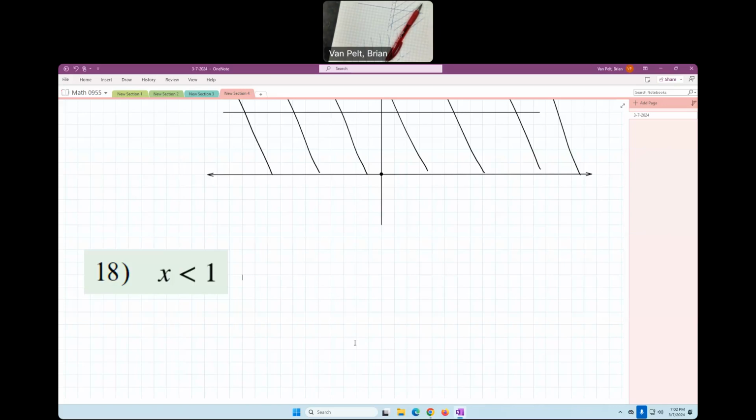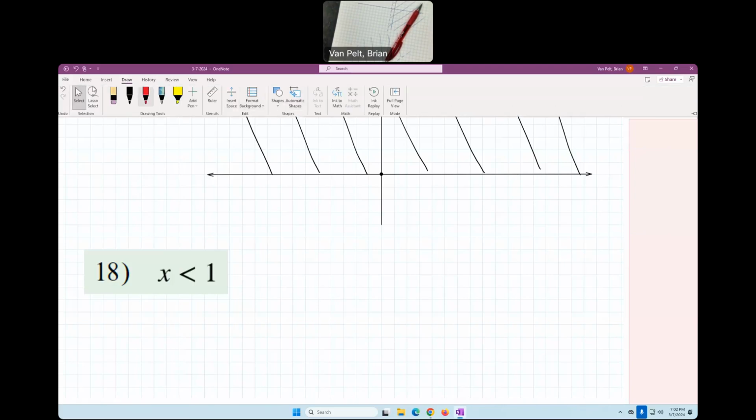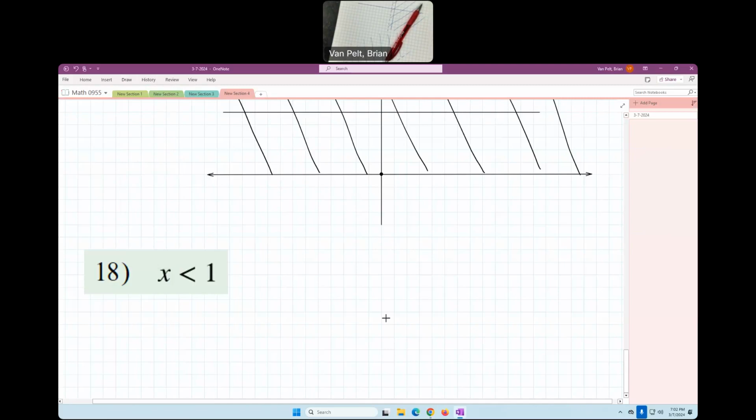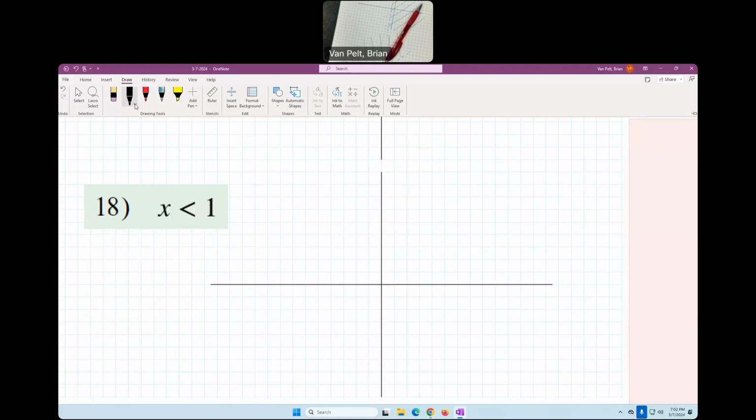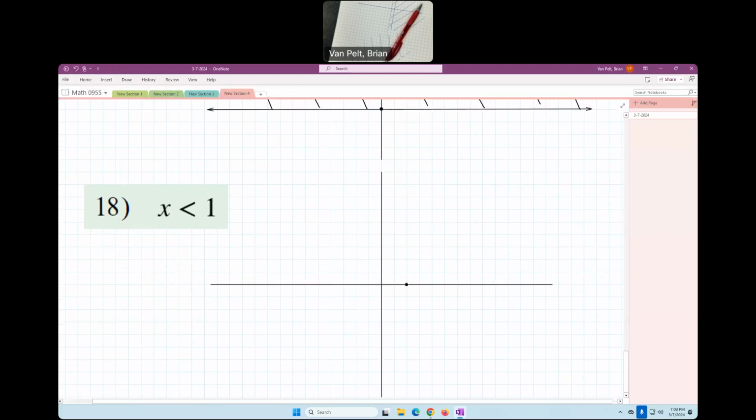X equals 1 is a vertical line. This time I'm going to put a dot at 1, 0. That's on the x-axis. And then I'll draw a dashed vertical line through it.